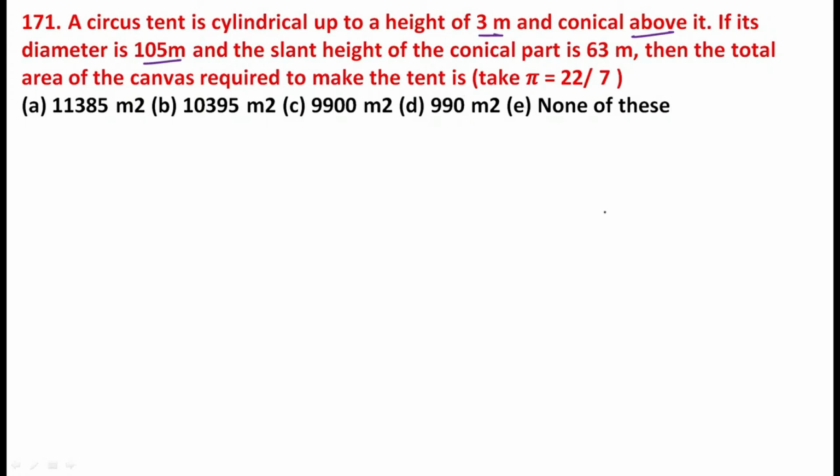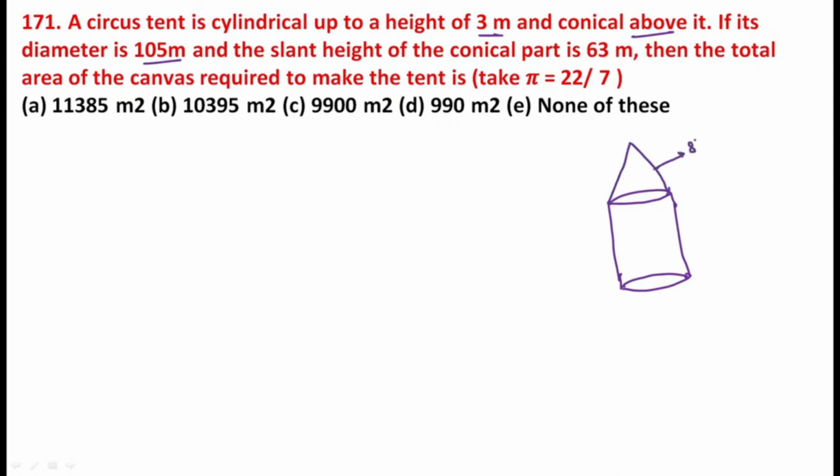Now guys, I will go with the diagram first of all. There is a cylindrical shape here, a cylinder, and there is a conical tent above it.